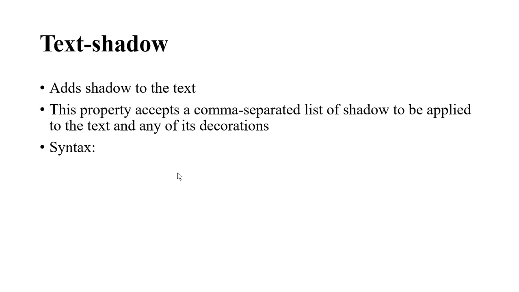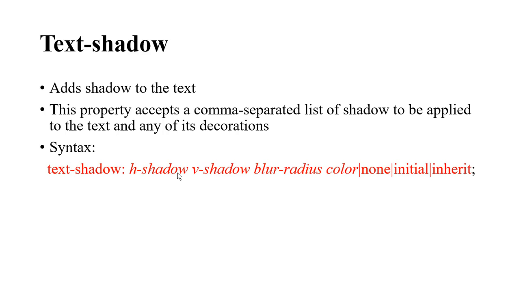And lastly, the text shadow. Text shadow adds shadow to the text. That means if you want to beautify your text by adding a shadow, then you can use text-shadow. This property accepts a comma separated list of shadows to be applied to the text and any of its decorations.